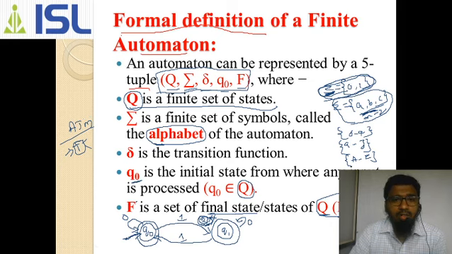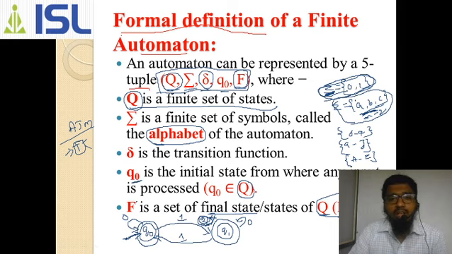Once again I will just tell you. An automaton is represented by a 5-tuple. The first is capital Q, then sigma, delta, q0, and the final states F. Q is a finite set of states. Sigma is a finite set of symbols called the alphabet, like sigma equal to 0 comma 1, or sigma equal to a comma b comma c, anything.